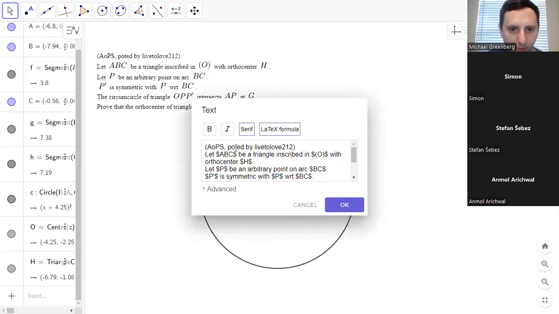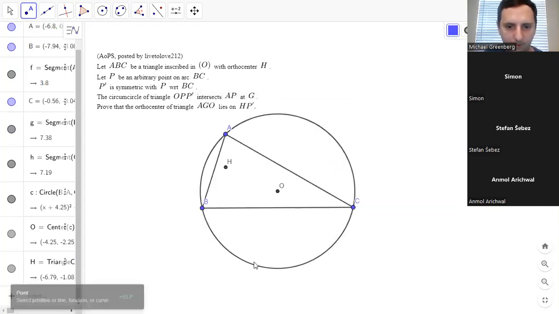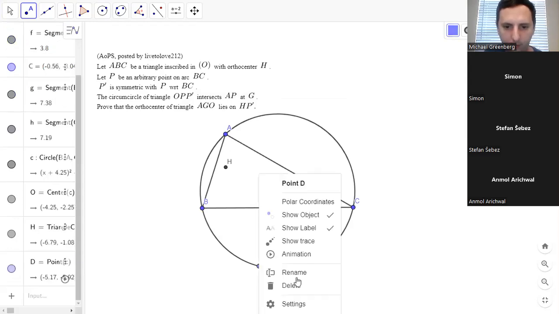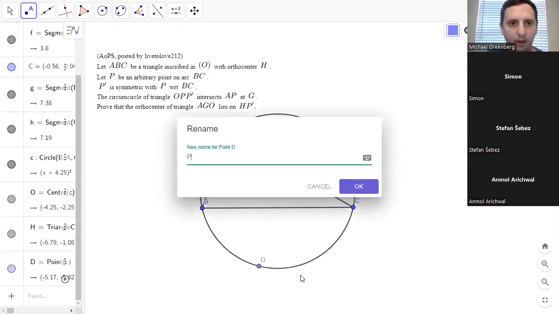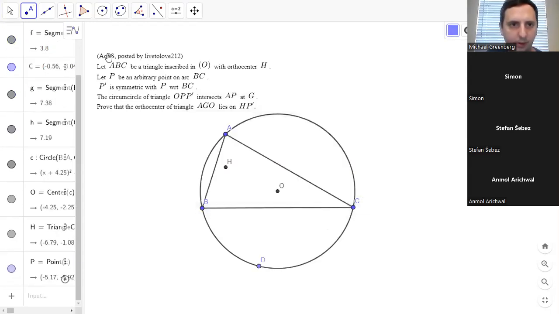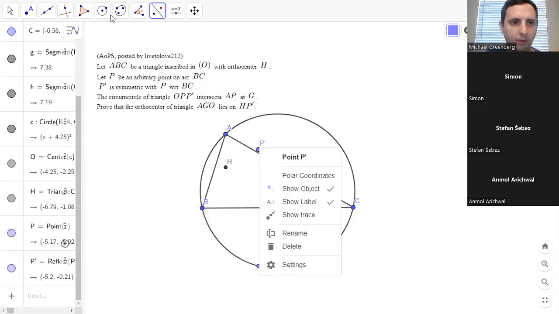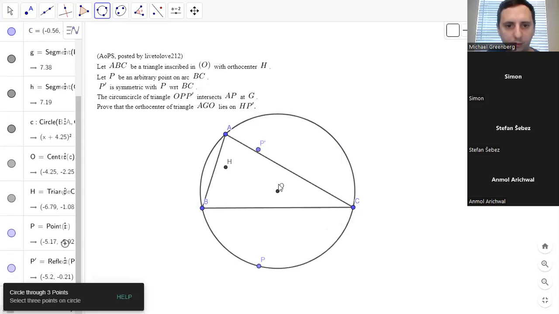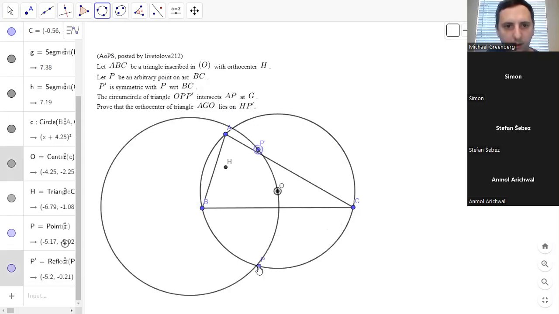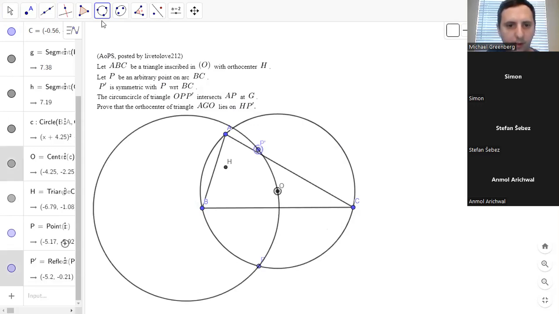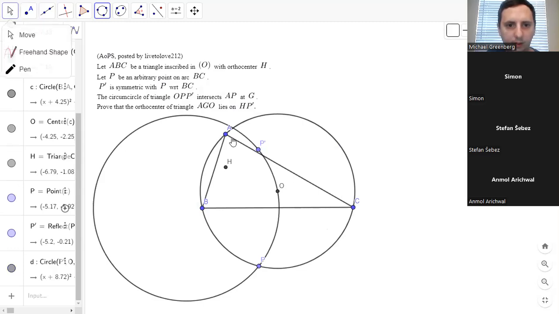Here's P. Pick your favorite point and reflect it over BC. So it's P prime. We also know the reflection of H over BC lies on the circle. So we draw the circumcircle of OPP prime. So this is an isosceles triangle, and it intersects AP at G.